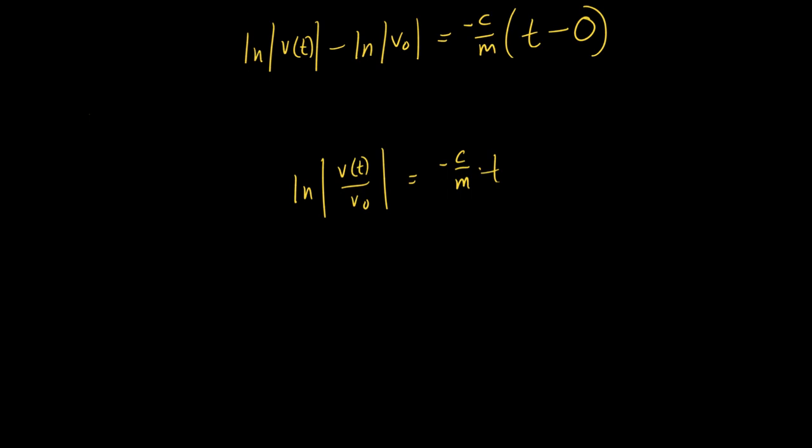So now that I have the logarithm, I can get rid of the logarithm by writing this as an exponential. I can raise both sides to the base of e. You can raise both sides of an equation to any base you want, but base e is what I want here because it cancels out the natural log on the left.